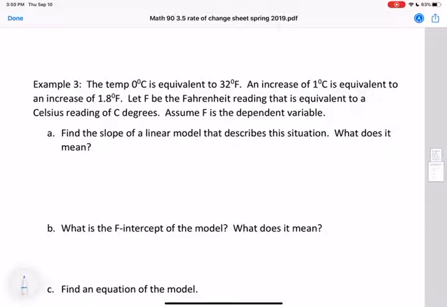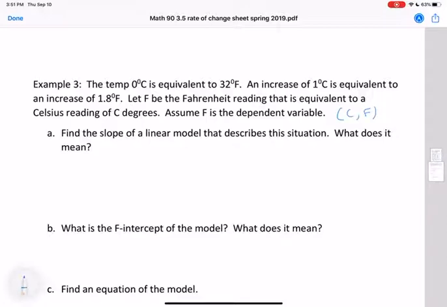What does it mean? Okay, so to find the slope, I'm going to need 2 ordered pairs. Okay, and it's said to make F be dependent, right? So I'm going to have 2 ordered pairs. I'm just going to write this down so I don't forget. I'm going to put a little C, comma F, for Celsius goes first and then Fahrenheit.